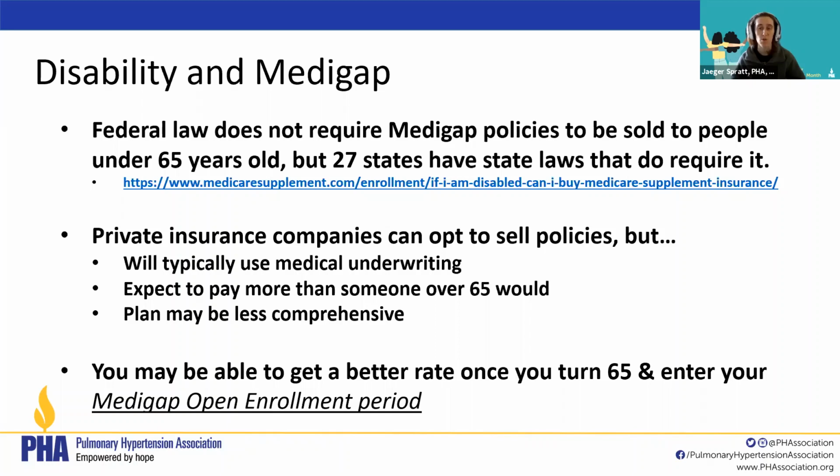So if you want to learn more about which states those are and what the details are, you can check out medicaresupplement.com. That's where I got this information, and I've got that website linked on the slide, and I think Angela has just popped it into the chat as well for y'all to reference.